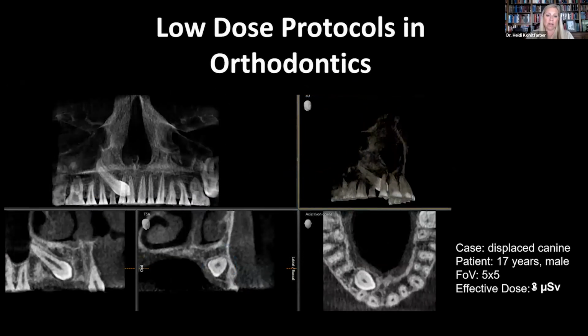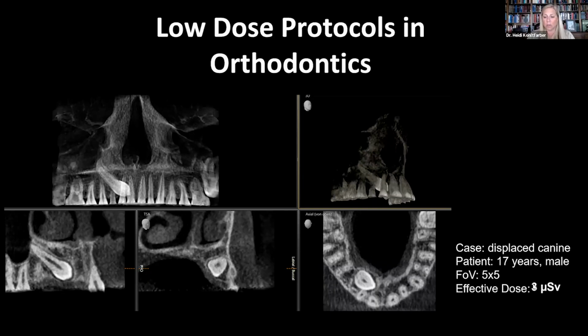This is another one, low dose protocol. This is for orthodontic purposes. And so, of course, we have the pediatric population. We probably don't need the very fine details that you might want, say, if you were an endodontist. And so because of that, it is a little bit more of a noisy image, but you can see exactly where that canine is in relationship to the other teeth.